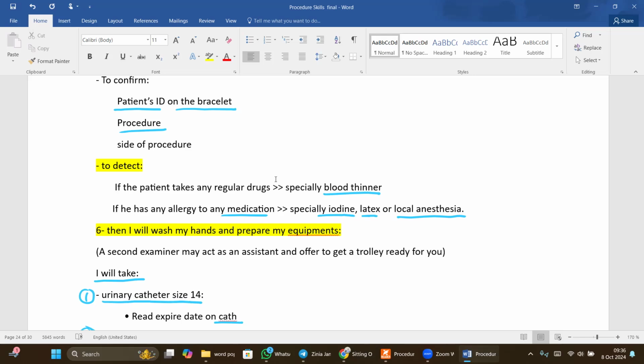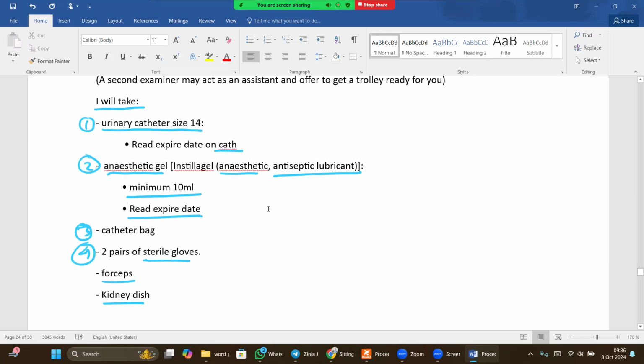Okay, now I will take, as it is catheterization, first of all we need a catheter, and the size will be 14 FR. So urinary catheter size 14, and expiry date on the catheter packet. It is just like acting, or sometimes it may be given and everything kept over the trolley according to sterile and non-sterile area.